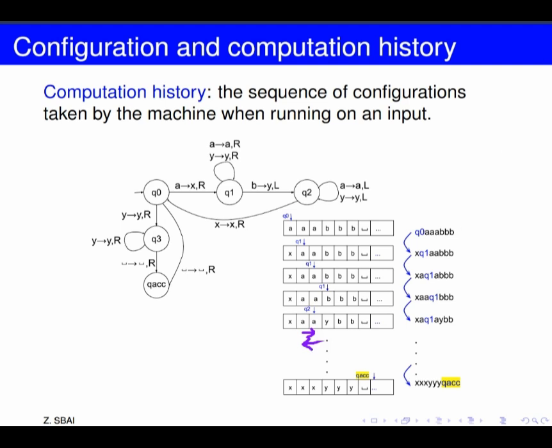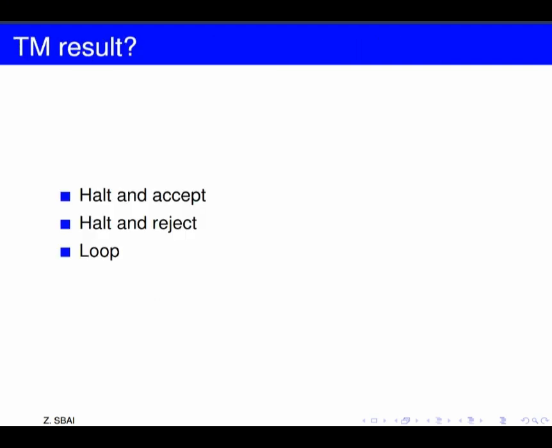So we'll say that the machine may have three possible outputs. It may halt and accept the input when it enters the Q accept. It may halt and reject if it enters a Q reject, and it may loop forever without being able to enter an accept state or a reject state.